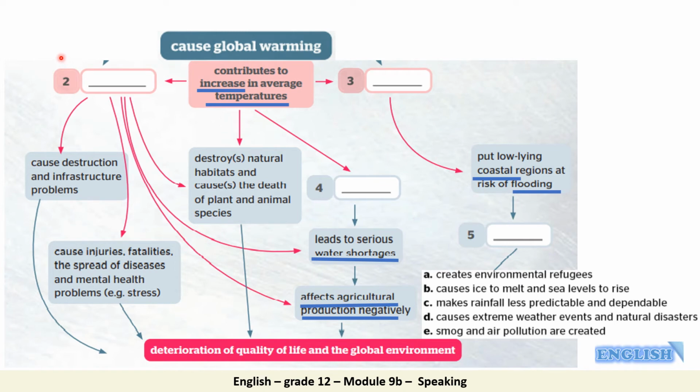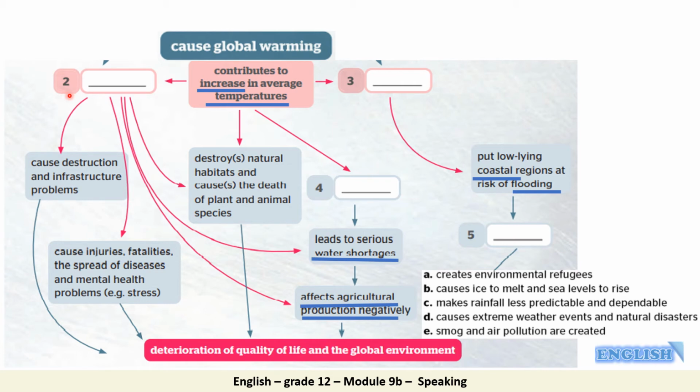So we are going to continue with the consequences of air pollution. Air pollution is going to cause global warming. Here you can concentrate on the underlined words. We have contributes to increase in average temperature. So global warming will contribute to an increase in average temperature. What are the results of this phenomenon?